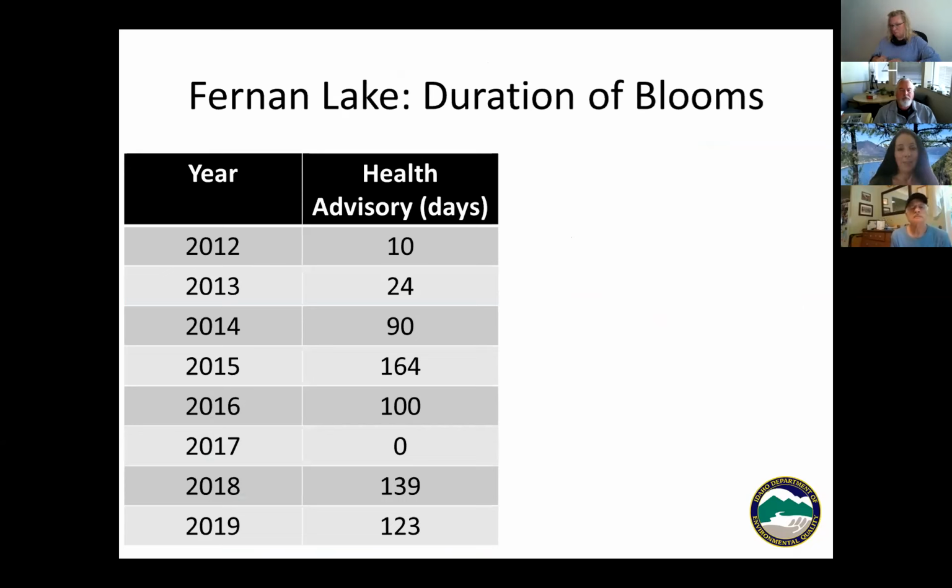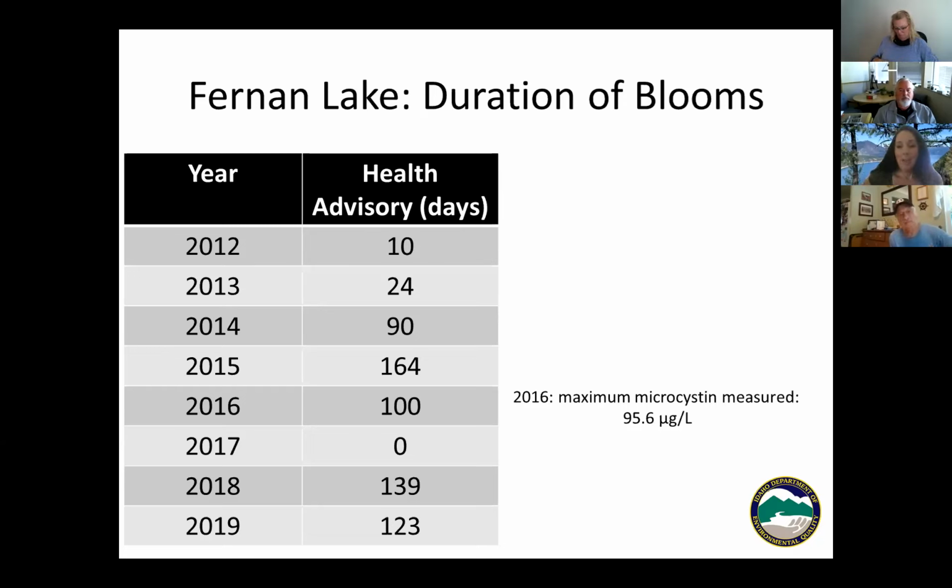So as you can see from this table, in 2012 we had 10 health advisory days, but those numbers have gone up, and from 2016 to 2019, not including 2017, the advisory days have been over 100 days. So the blooms typically hit in late June, about this time, we're a little cooler this year, and they can go clear to ice out.